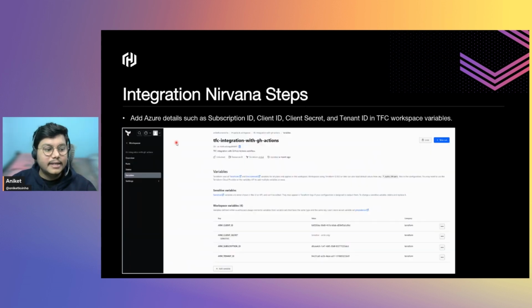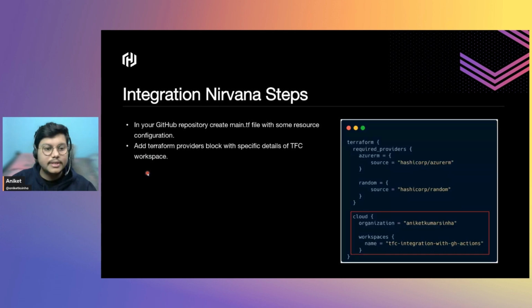Then we added the Azure related details under our workspace as variables. And then we created our main.tf code, which added the Terraform code structure, where we added the cloud block containing the Terraform Cloud organization name and the Terraform Cloud workspace name.